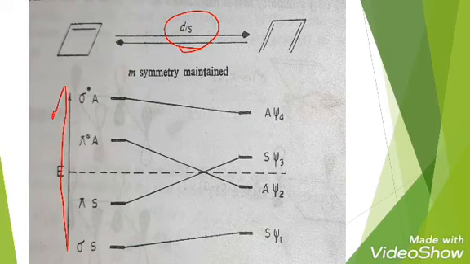This is energy, and the sigma orbital is symmetric with respect to the mirror plane, and also the pi orbital is symmetric with respect to the mirror plane, and pi star and sigma star are anti-symmetric with respect to the mirror plane.